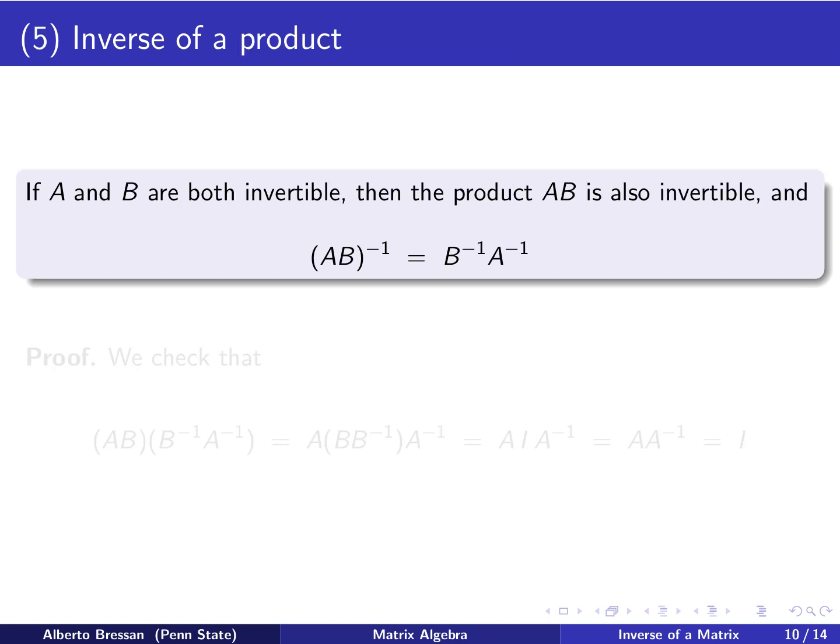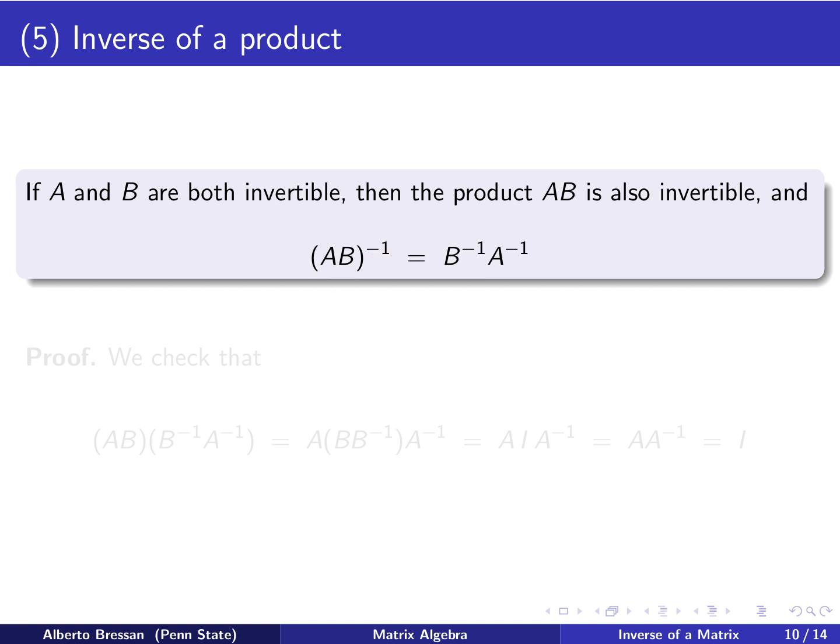Now property 5, it's about the inverse of a product. If A and B are both invertible, of course they are square matrices of the same size, then the product A times B is also invertible. And it's the following.